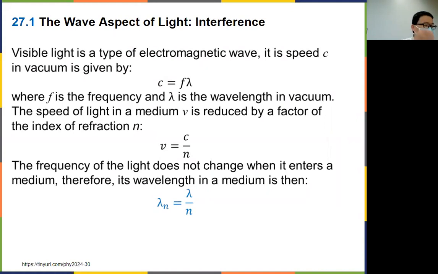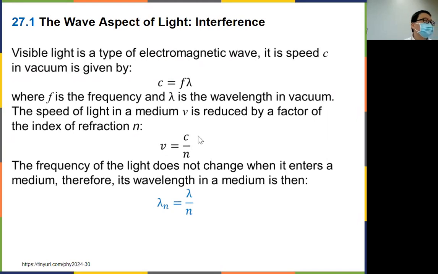So let's take a look at some fundamental properties of waves. Light is a wave, so we also have frequency and wavelength for light. Its speed in vacuum is equal to frequency times wavelength, which is approximately 300 million meters per second. When light enters a medium, its speed is reduced by a factor called the index of refraction n.